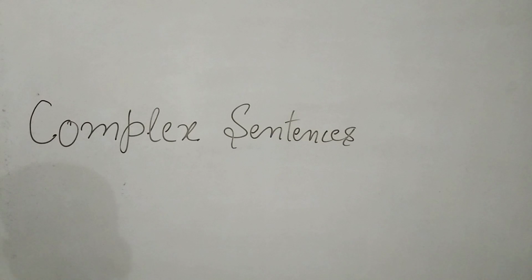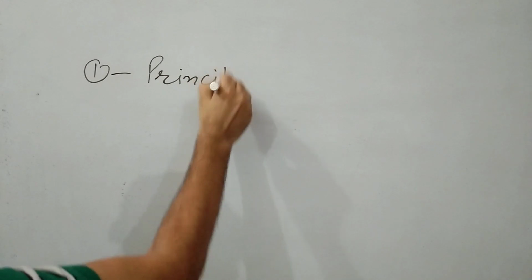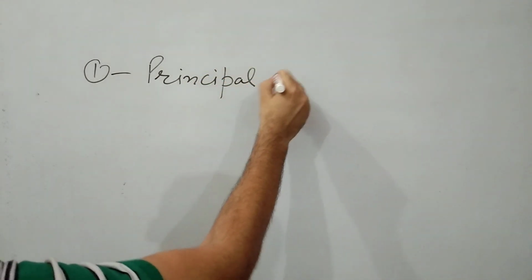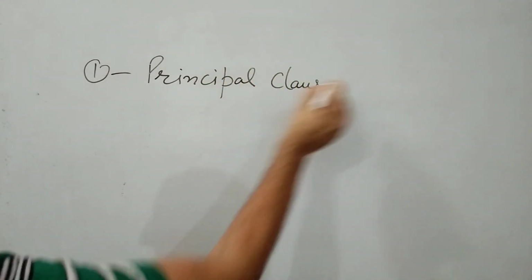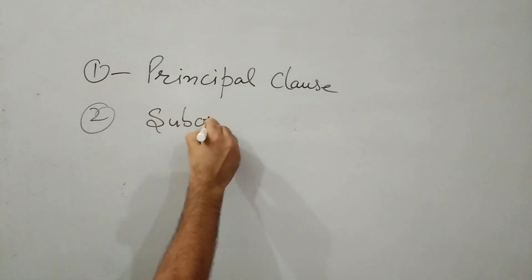So let's learn it. In every complex sentence there are 2 parts. The first is principal clause, and the second is subordinate clause.